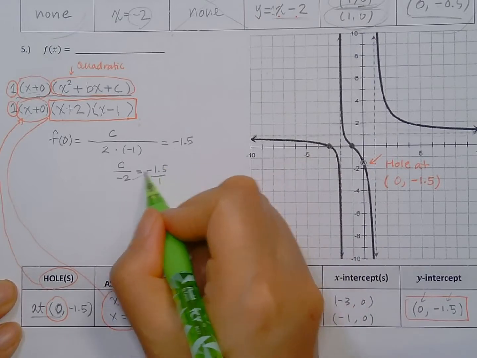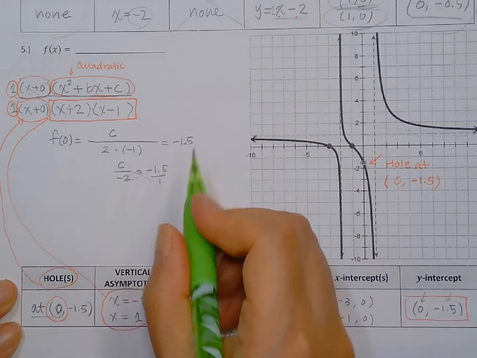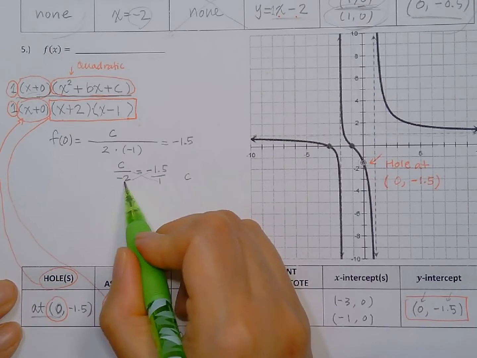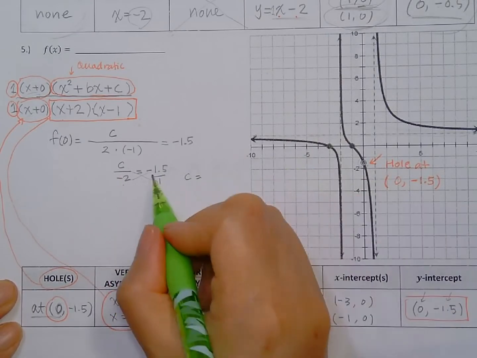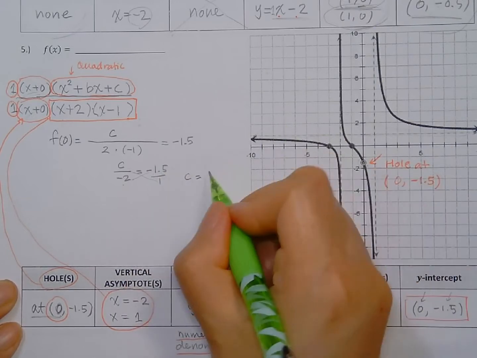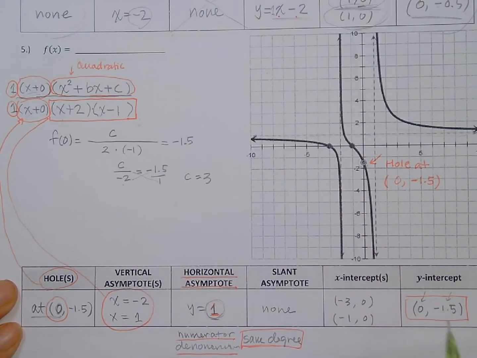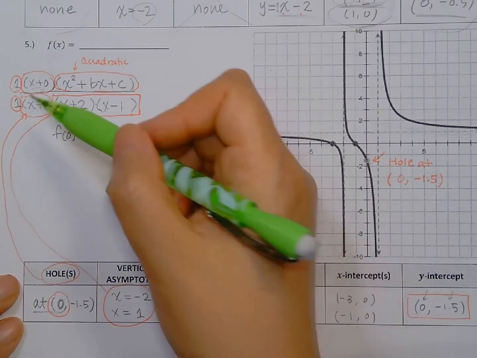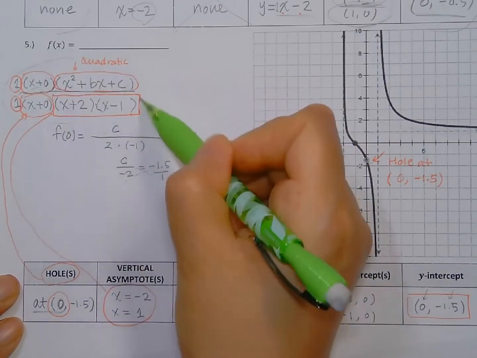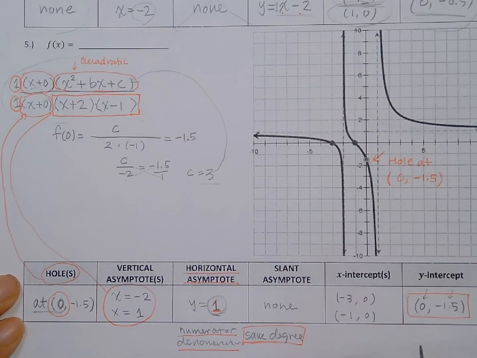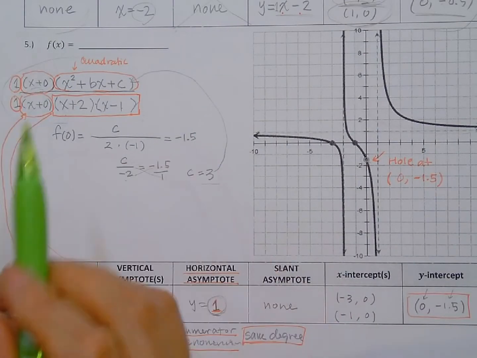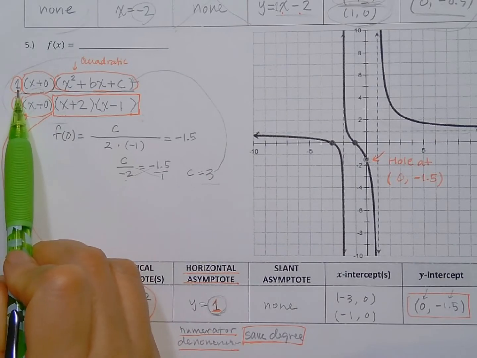And now cross multiply. C times 1 is c. Negative 2 times negative 1.5 will be negative, negative, positive. Twice of 1.5 is 3. Then now I can rewrite this structure with the fact c turned out to be 3. So now I don't have to write explicitly 1 there.